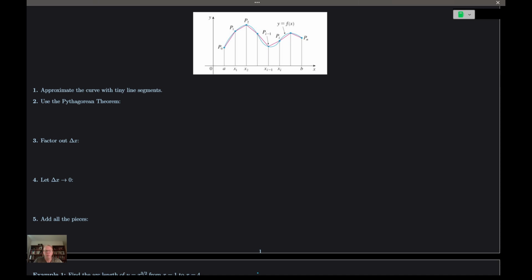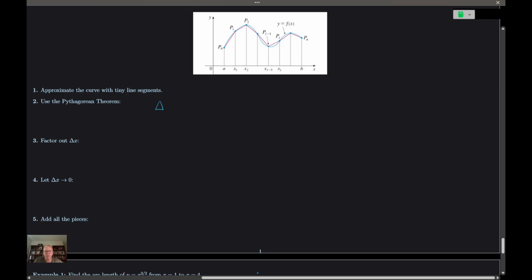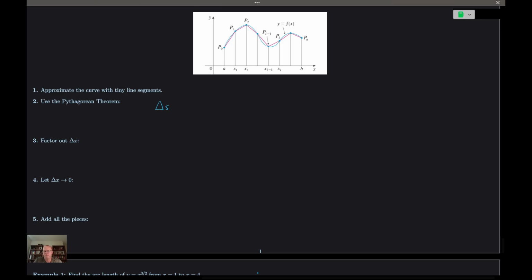And if you want to find the distance between any two of these points, then we can use the Pythagorean theorem, and we'll let S be the distance. So delta S would be the change in distance between any two of these points.